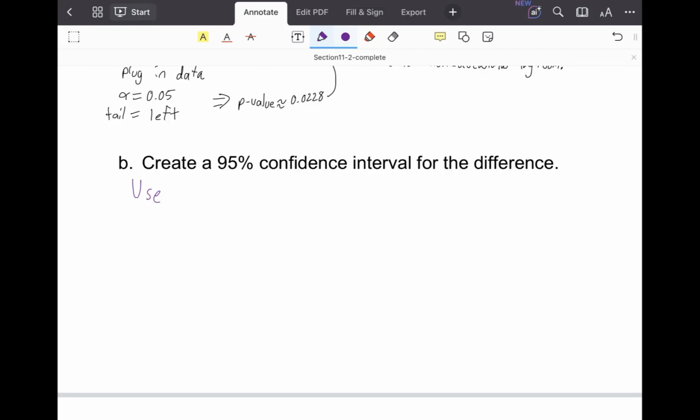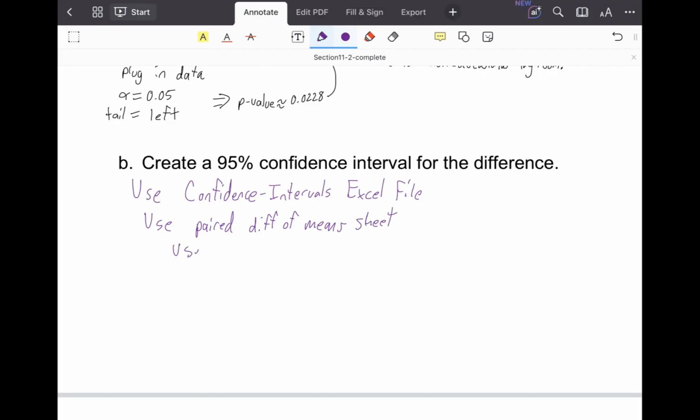So here, I'm just going to use the confidence interval Excel file and the same sheet. So use the paired difference of means, and also the right side.